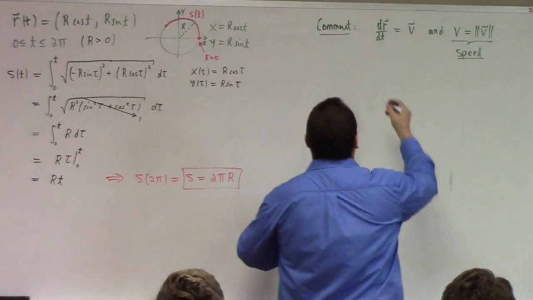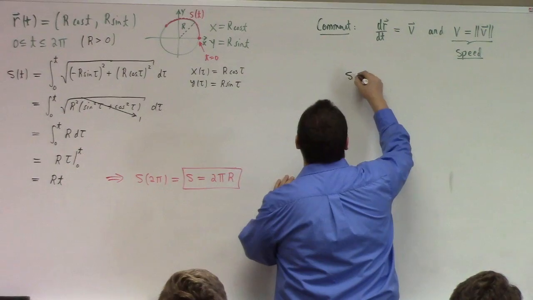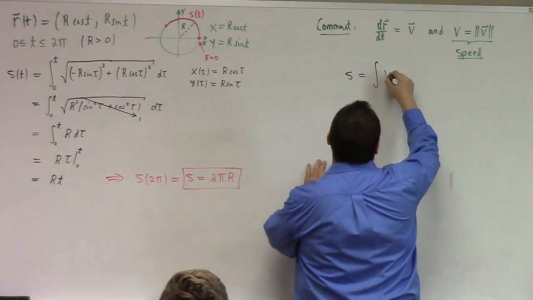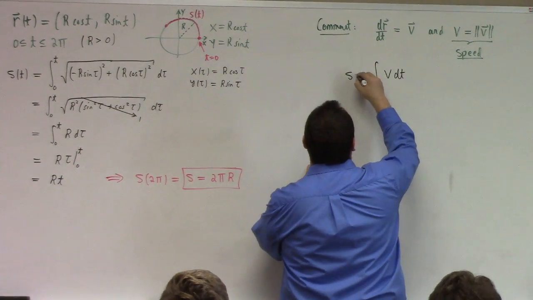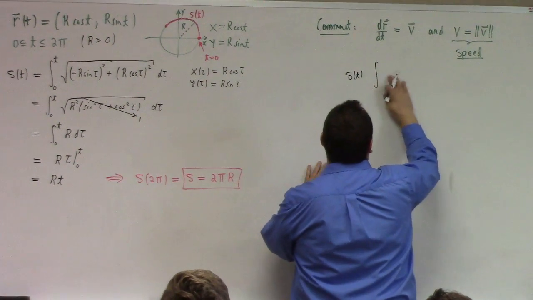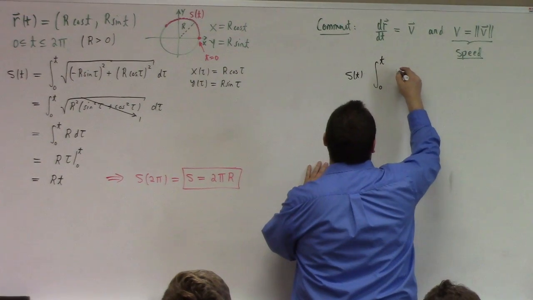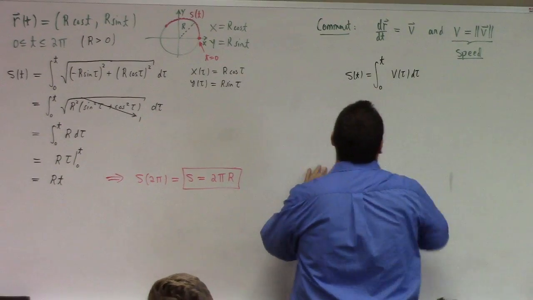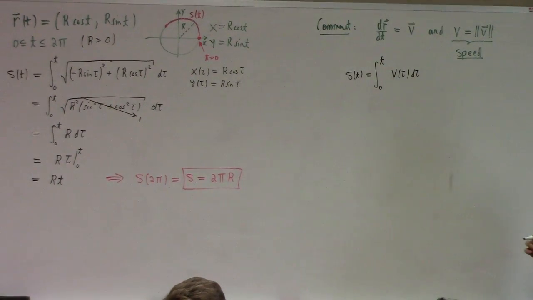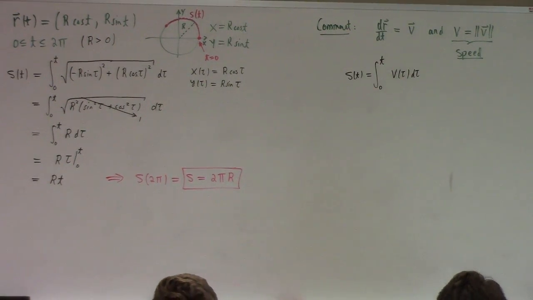The arc length is equal to the integral of the speed. More to the point, s of t is the integral from 0 to t of v of tau d tau. So, another way to package the calculation: you take the path, you calculate its speed, then you integrate that over the appropriate range of parameters, and that gives you the arc length.